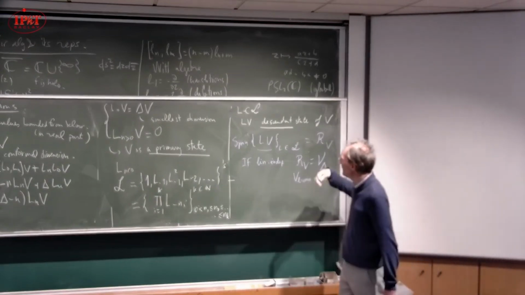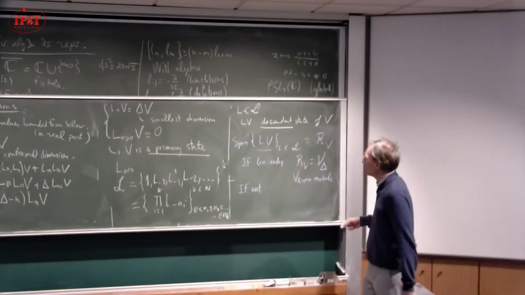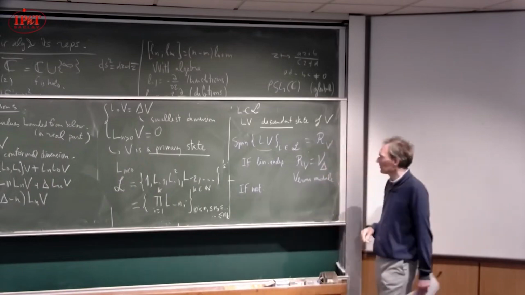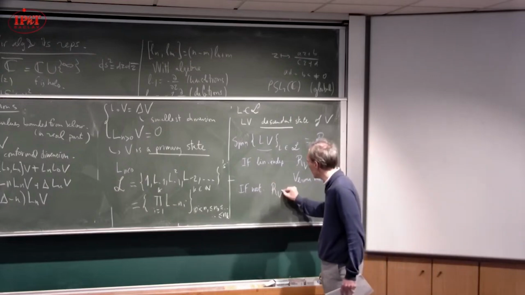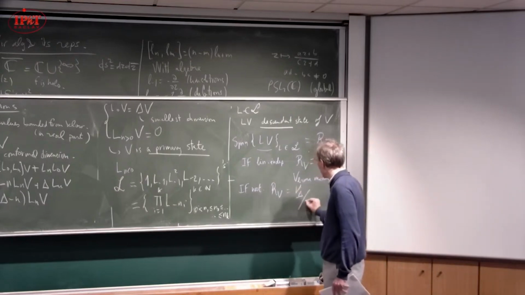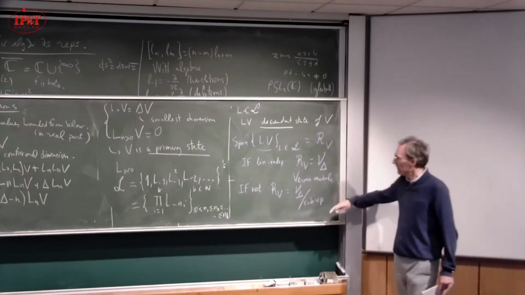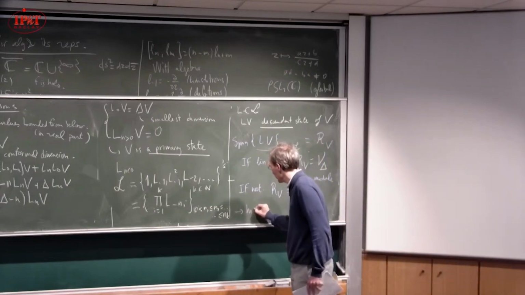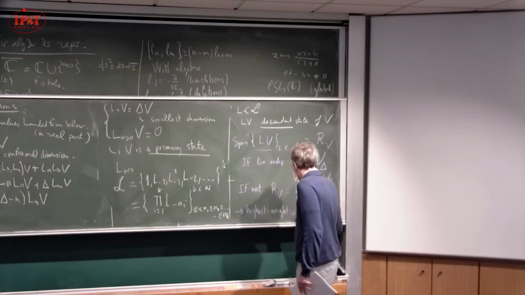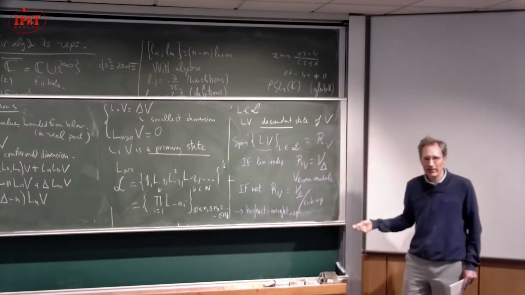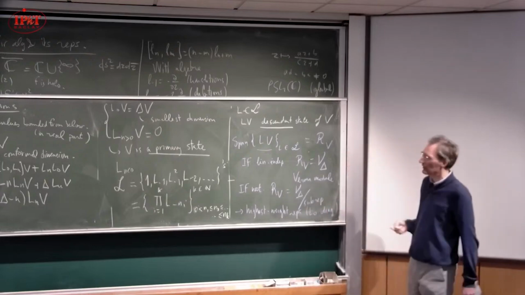If they are not linearly independent, it means that R_V is smaller than the Verma module. In fact, it will be a Verma module divided by some sub-representation. But in both cases, these are all representations we call highest weight representations. And in such representations, L0 is diagonalizable because we built them from a primary state.